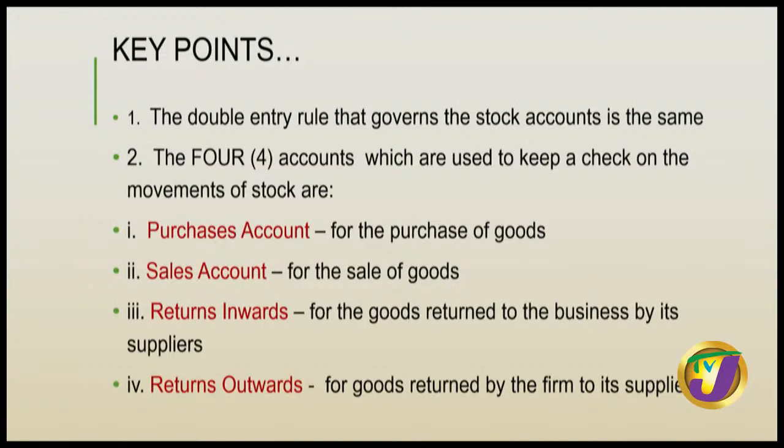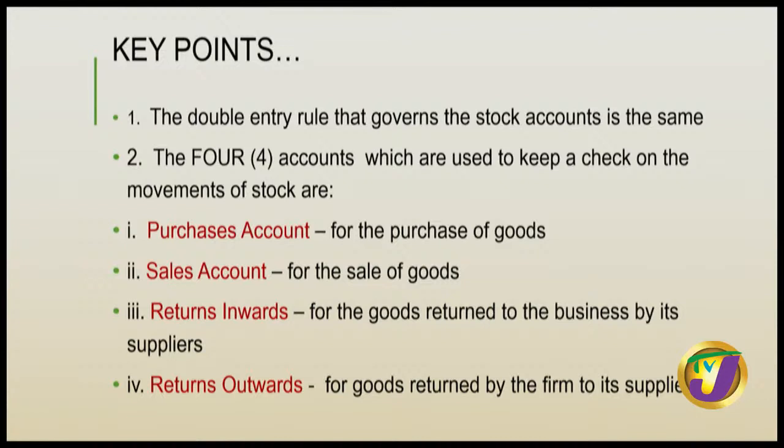Now, what are the key points emanating out of today's lesson, students? The double entry rule that governs the stock accounts is the same that governs assets. The 4 accounts which are used to keep a check on the movements of stock are 1, say it with me, purchases account for the what?